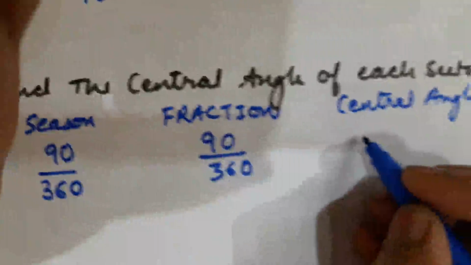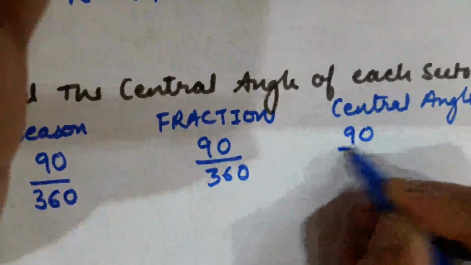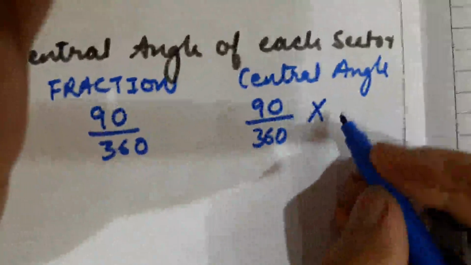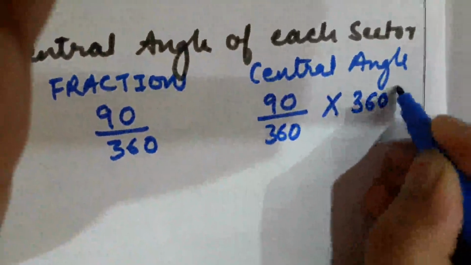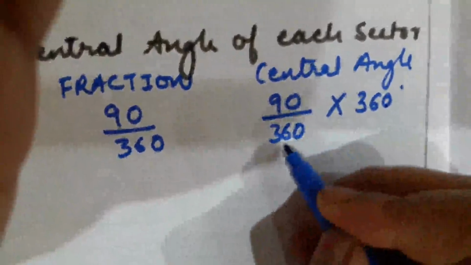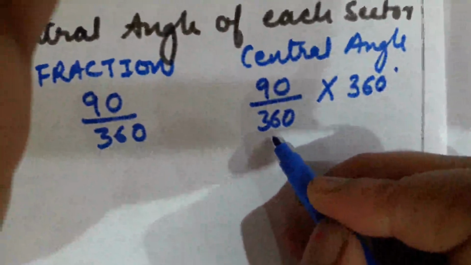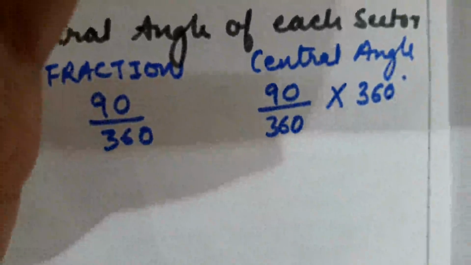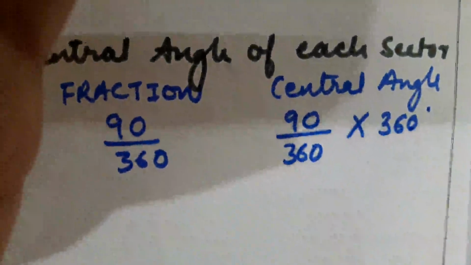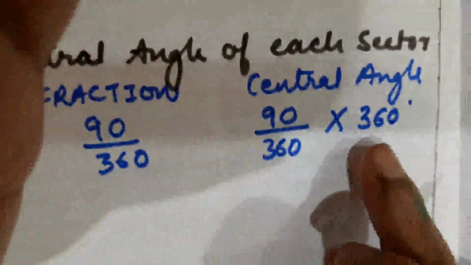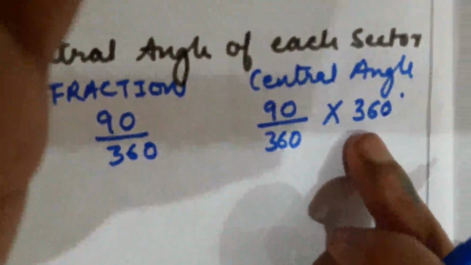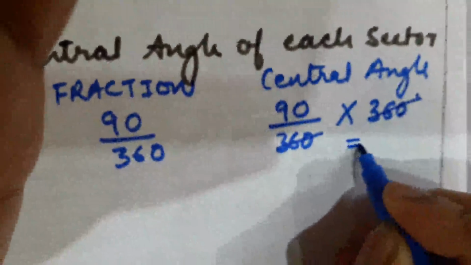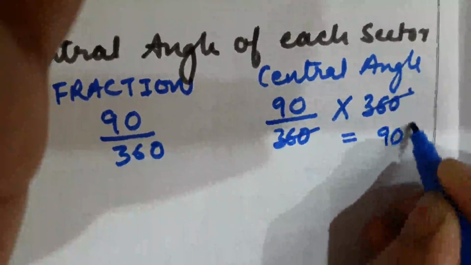How do you calculate the central angle? 90 upon 360, this will be your fraction, and for finding the central angle you have to multiply by 360. Now this 360 and this 360 by chance are equal to each other, but most of the time we get different values for the total, and 360 is always multiplied for finding the central angle. So these 360 cancel out each other, it gives you 90 degrees.